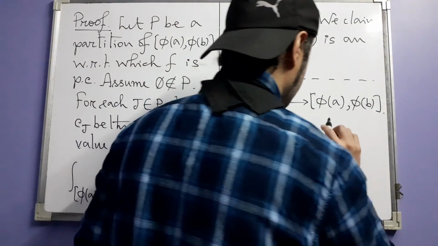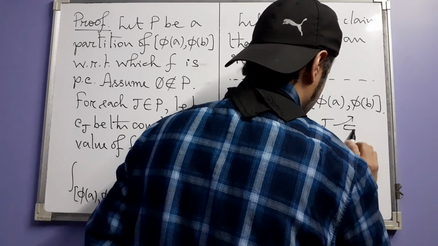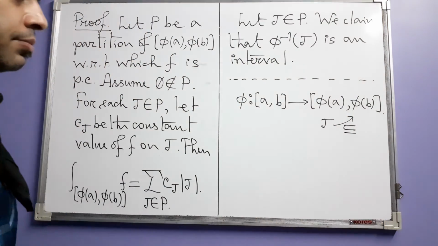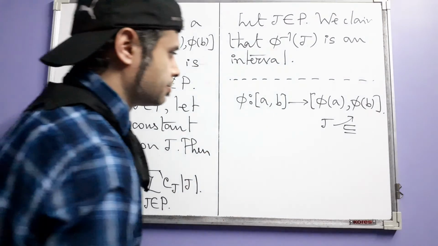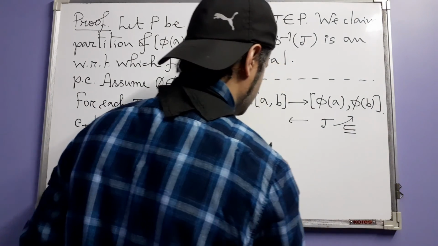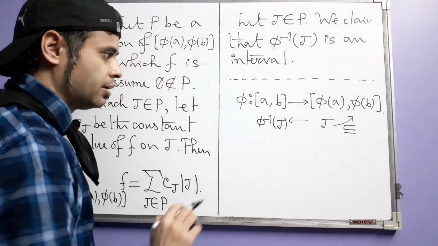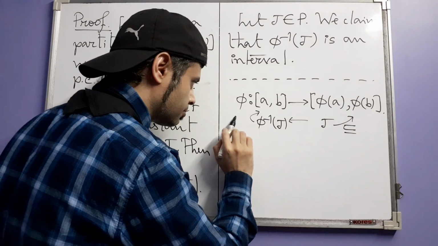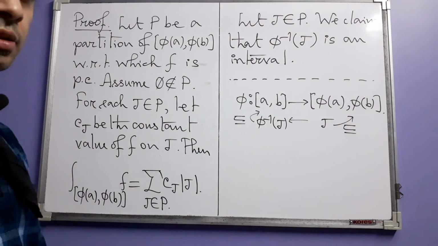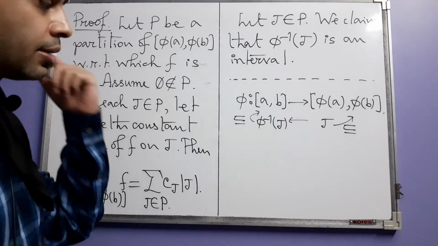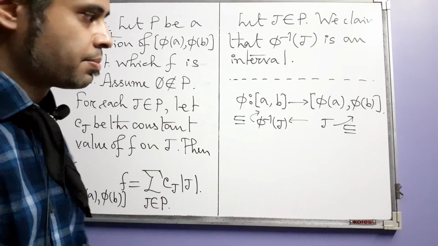So that means j is a subset of this interval. So you can now see that it's making sense. So phi inverse of j will be a subset of this interval. Okay. And we are claiming that this phi inverse of j itself is an interval.